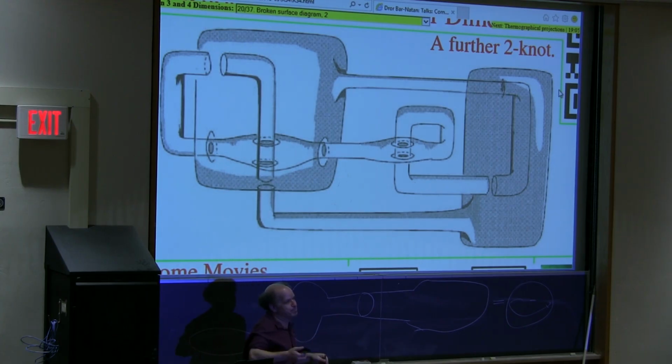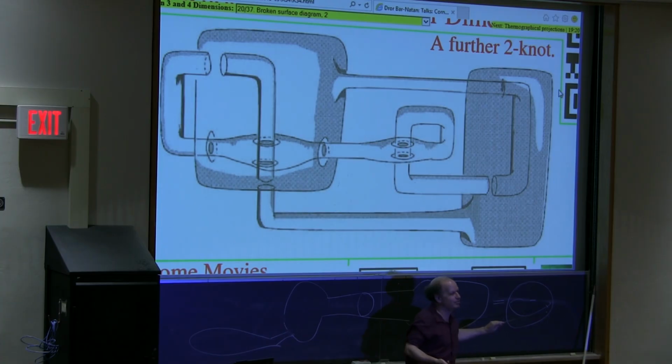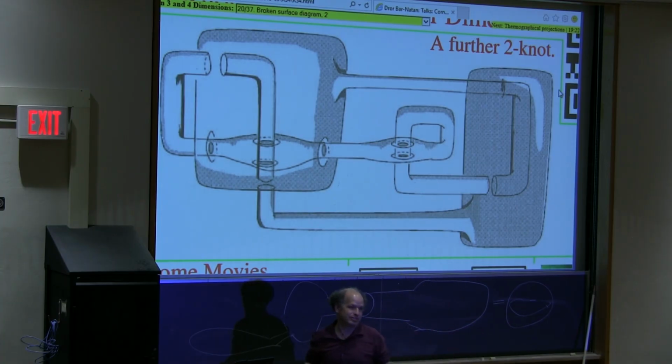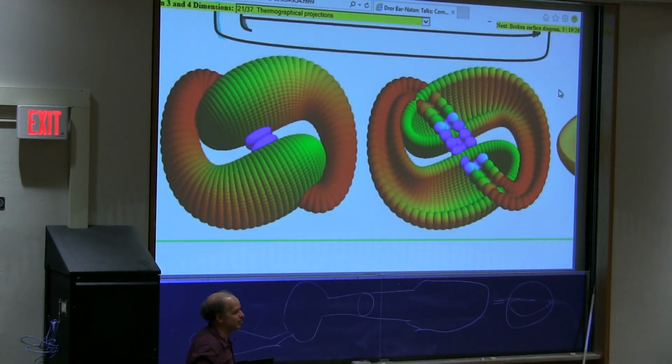And you keep looking at it for a while, and you see that everything collapses. So in fact, this is up to a deformation, just an unknotted sphere. Up to moving things around, it's completely unknotted. I told you this was silly. Let's move on to a few more interesting ones.